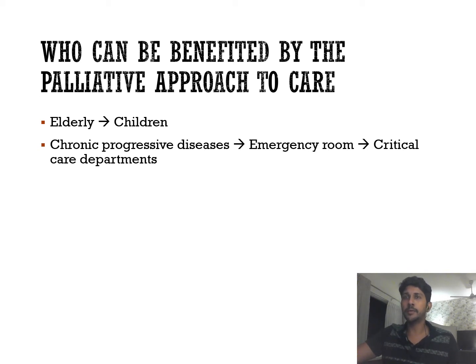We will give examples now, but it also encompasses the patients in the emergency room or in intensive care units. Why is that? Because they are also facing very critical forms of illnesses.